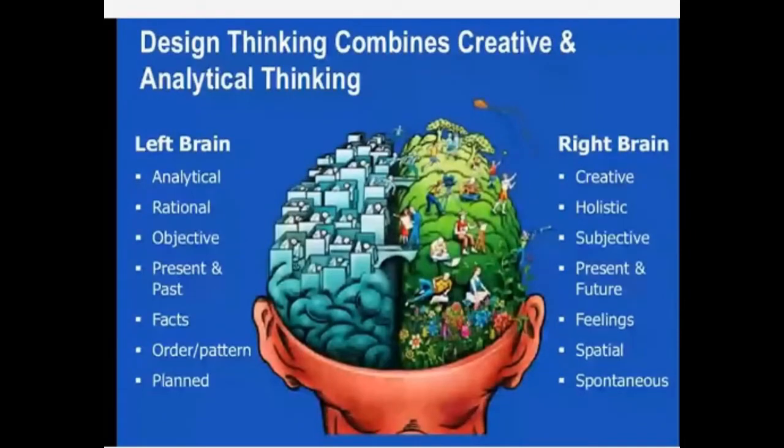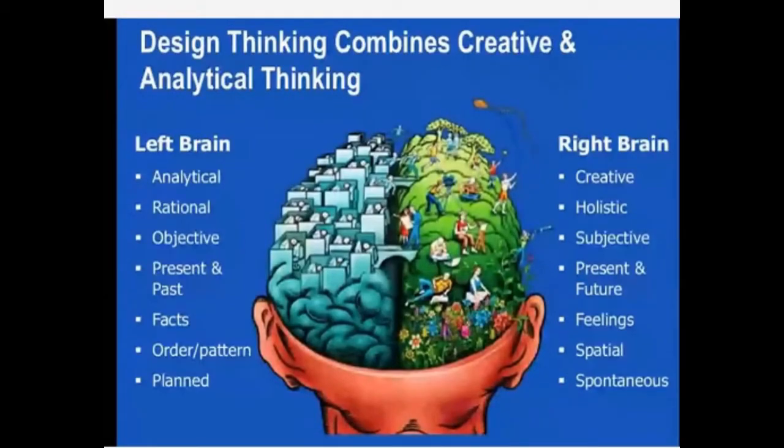Design thinking combines, as I said, intuitive thinking, that is creativity, and analytical thinking. Our head has two brains, the left brain and the right brain. The left brain is your analytical brain. The right brain is your intuitive brain. Your left brain works on facts, whereas your right brain works on feelings. So the left brain thinks analytical, rational, objective. It looks at the present and the past. It depends on facts, orders, and it is always planned.